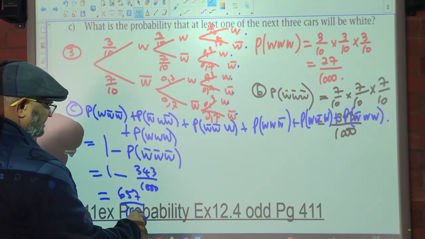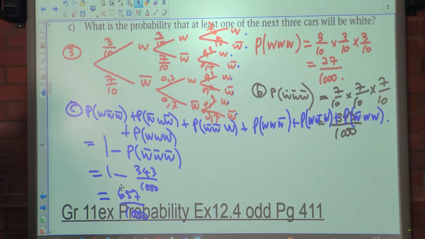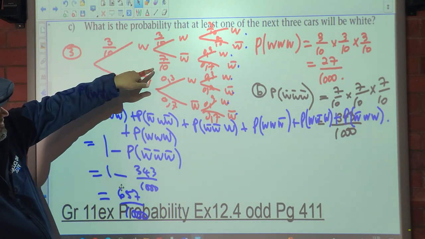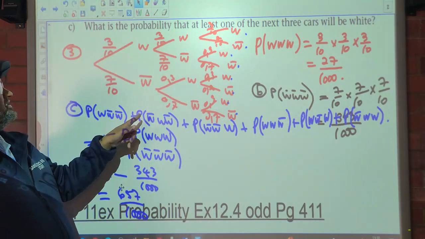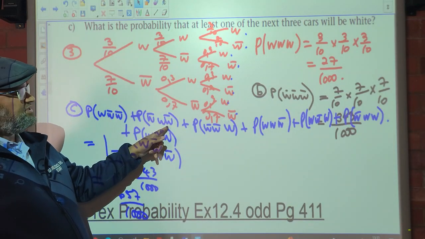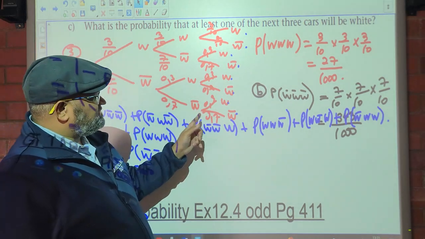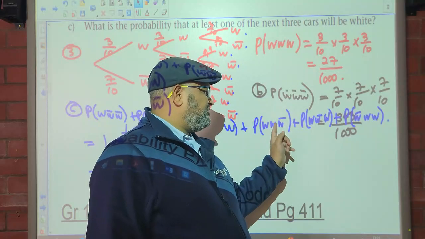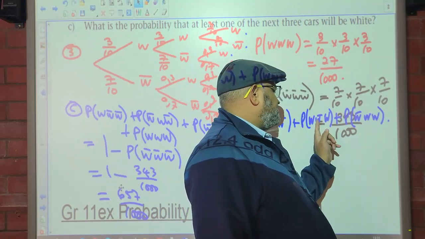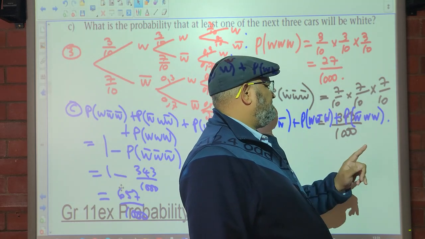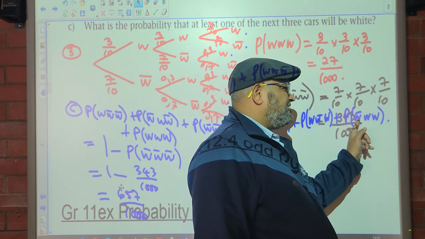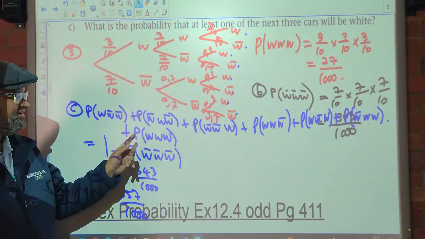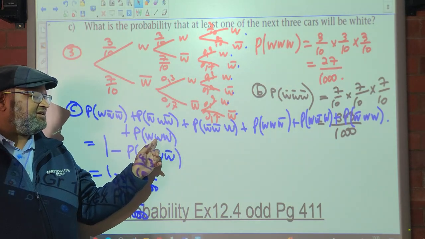657 over 1000. People, if you had worked this out, if you had gone white, which is 3 over 10, multiplied by 7 over 10, multiplied by 7 over 10, plus 7 over 10 multiplied by 3 over 10 multiplied by 7 over 10, plus 7 over 10 times 7 over 10 times 3 over 10, plus 3 over 10 times 3 over 10 times 7 over 10, plus 3 over 10 times 7 over 10 times 3 over 10, plus 7 over 10 times 3 over 10 times 3 over 10, plus 0,3 times 0,3 times 0,3.